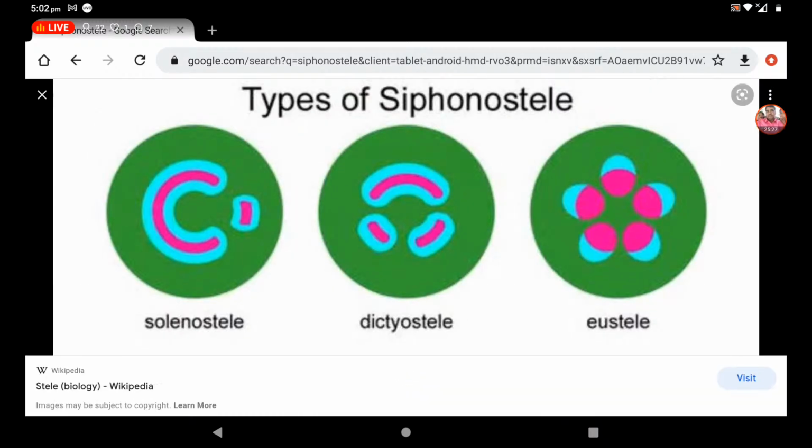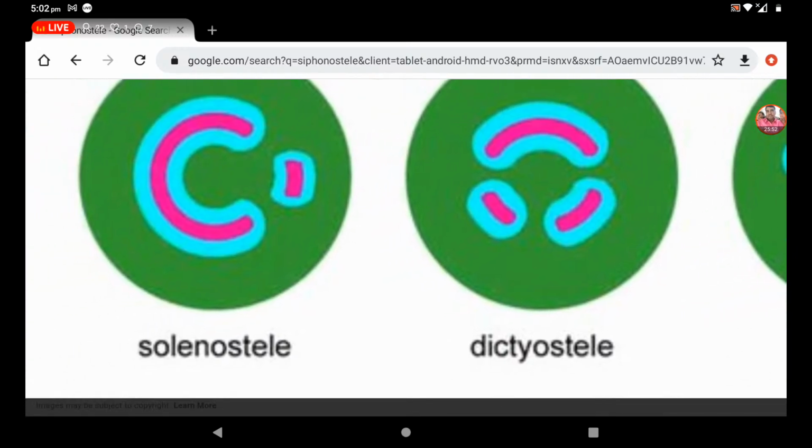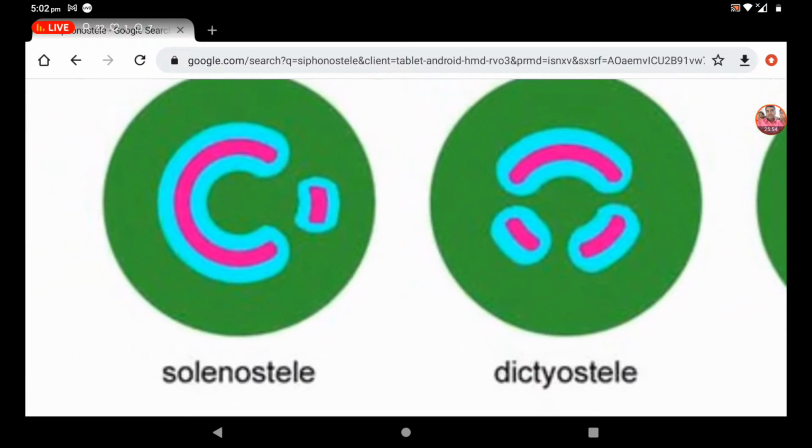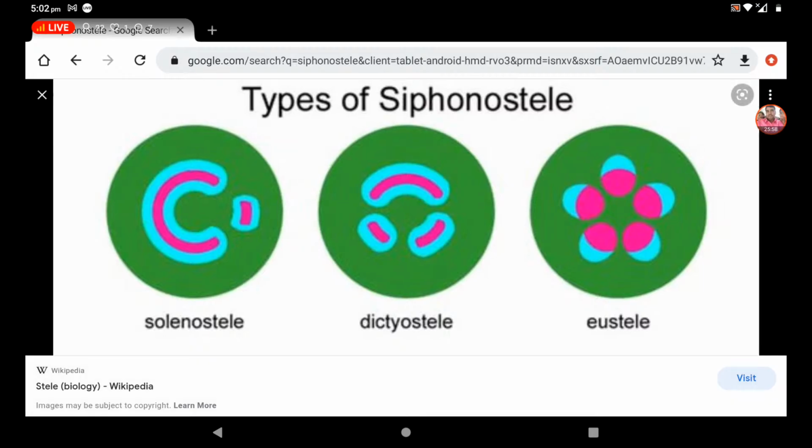So let's take all the varieties directly here. Fine. Solenostele, dictyostele, eustele. Eustele is identified in higher plants, which we already know. Dictyostele is also present, along with overlapping leaf gaps that can be seen here. Overlapping leaf gaps, and solenostele with leaf gaps can be identified.